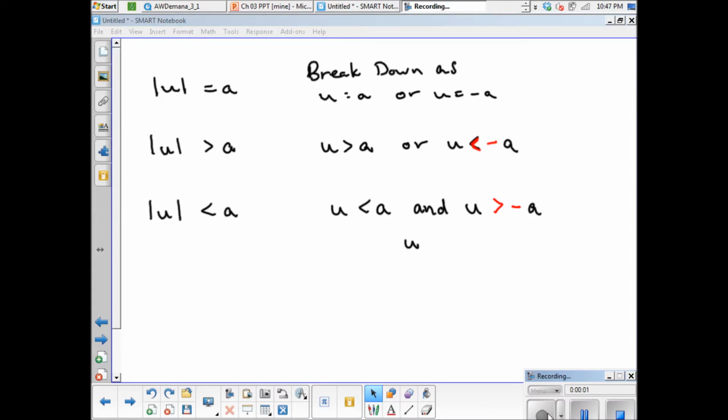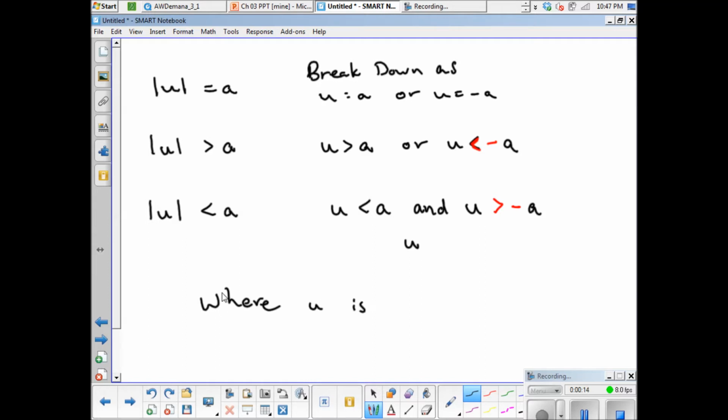Okay, and so also please remember that the u here is an expression involving x. So let's make a note of that, where u is an expression involving your variable.